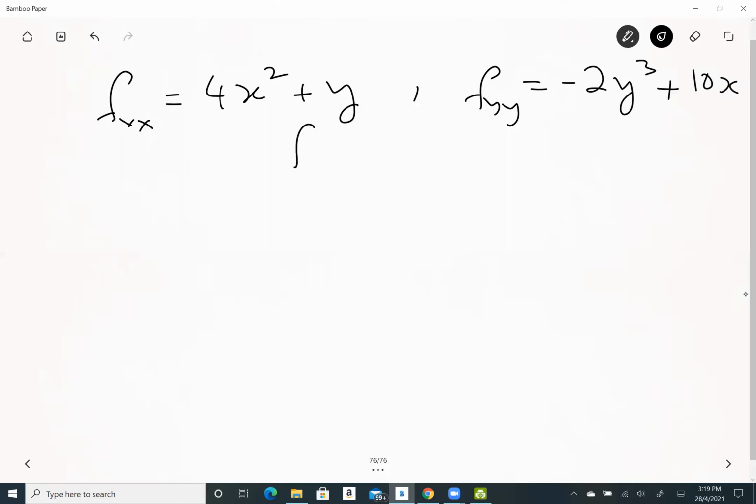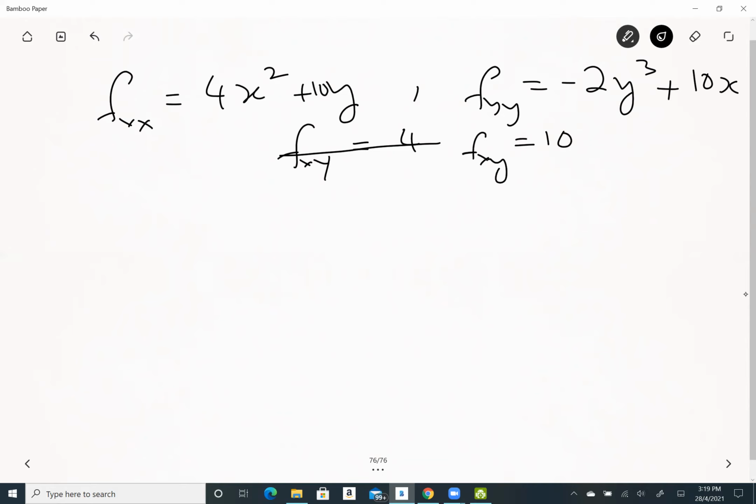Okay, and then fxy equal to 4. Don't believe this, this is wrong, because fxy and fyx are not the same. So probably I put a 10 here. So I got fxy equal 10.